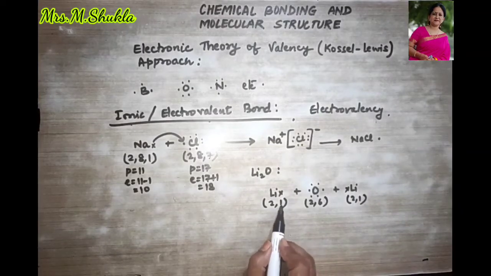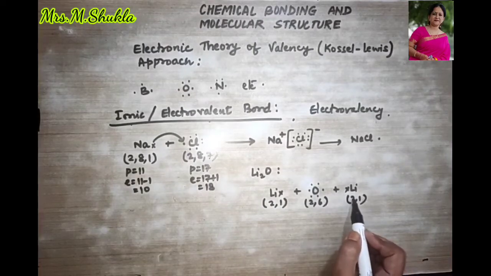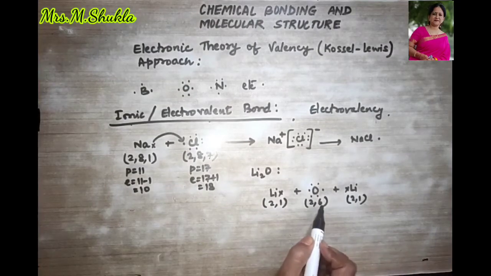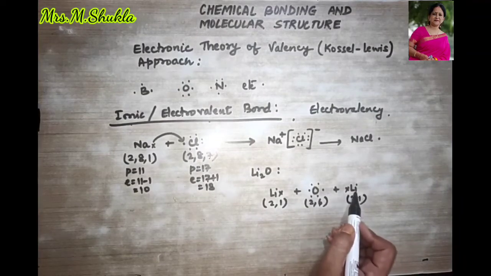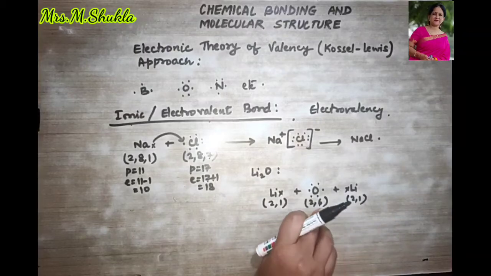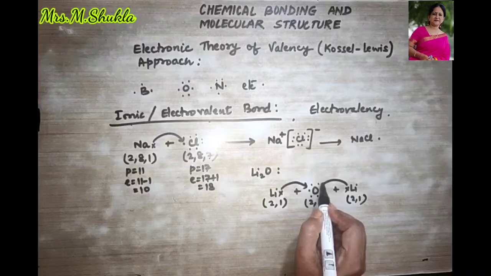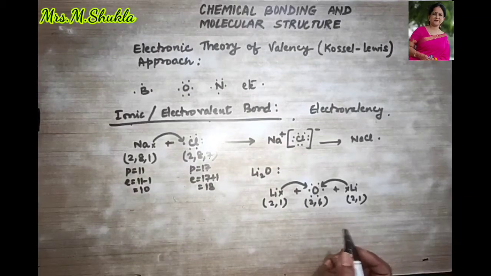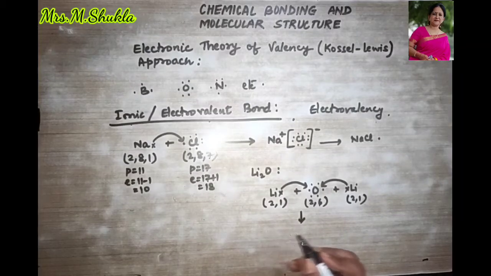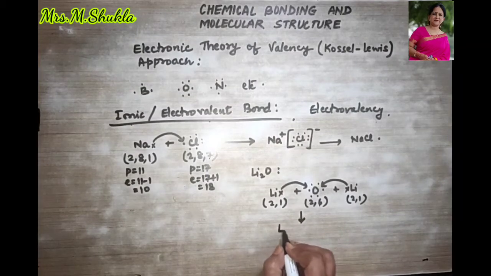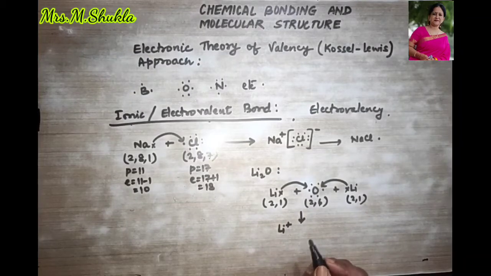Now, when it loses one electron, it follows the duplet rule. And this oxygen, when it accepts 2 electrons, one from this lithium and one from this lithium, it follows the octet rule. So transfer of electron takes place. Clear? When transfer of electron takes place, what is it going to form? It is going to form lithium oxide. That is lithium, what is the plus ion, right?